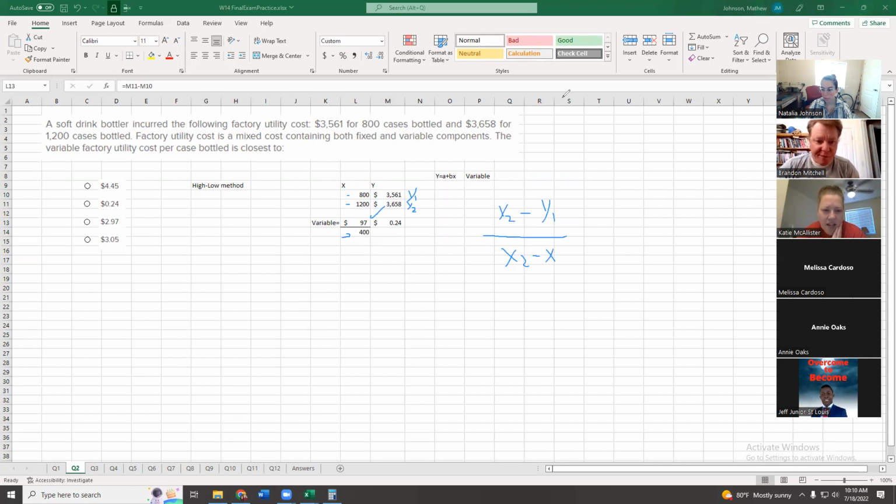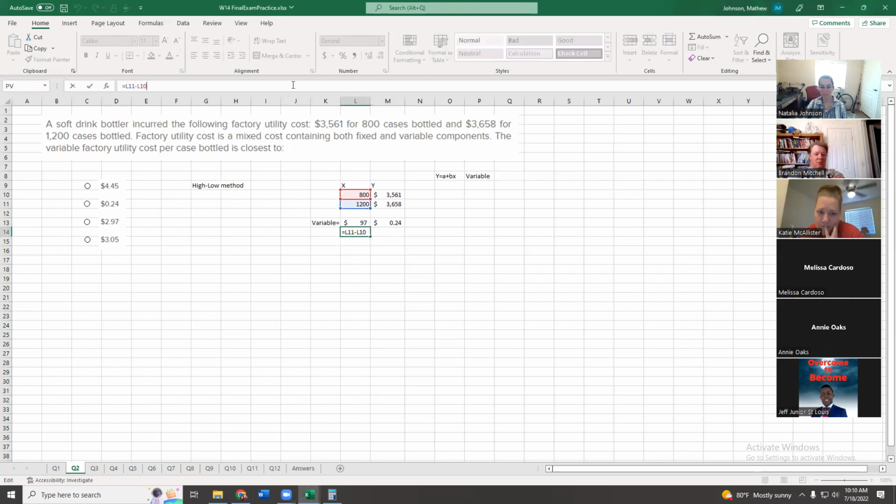The 97 is the higher cost, so it's the higher price minus the lower price, and then the higher units minus the lower units. Once we divide those two, we get the variable.